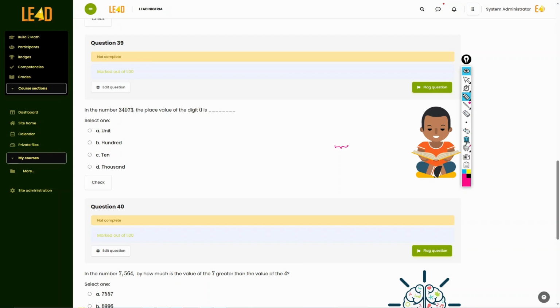Okay, so we have, in the number 34073, the place value of the digit 0 is, so we can count this out. We have units, or ones, some people call this ones. Then we have tens. So this represents how many hundreds we have.